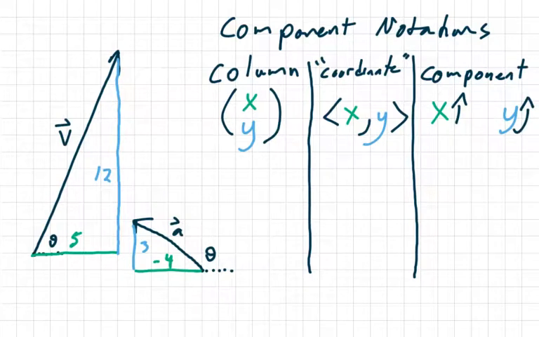Now I put the little caret on top, we call it the hat. It's i hat and j hat. For z, there's also a k hat. We'll get to that next time. So in component form, it's the x component times i hat plus the y component times j hat.